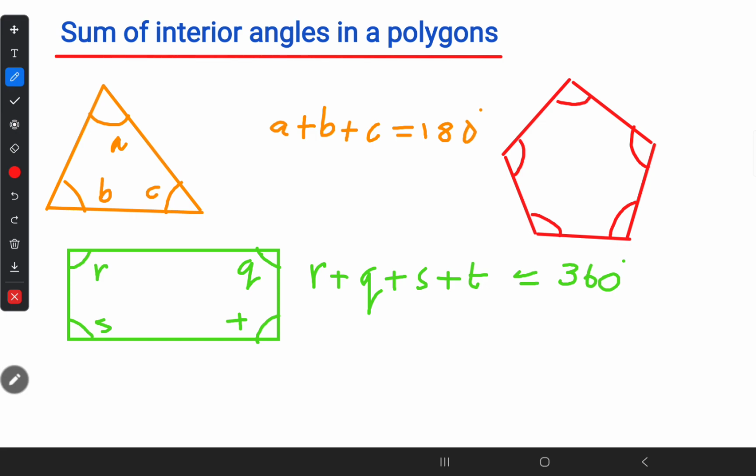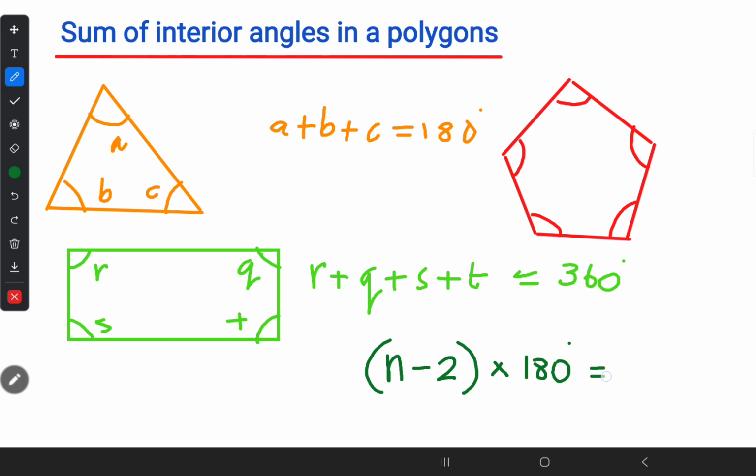Hereafter, we are going to use a formula. We are going to use a simple formula. I'll write the formula here: n minus 2, into 180 degrees.